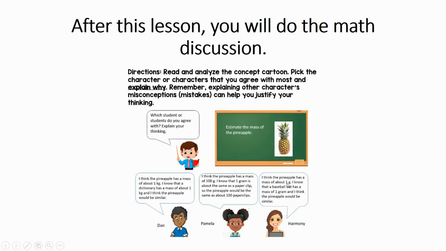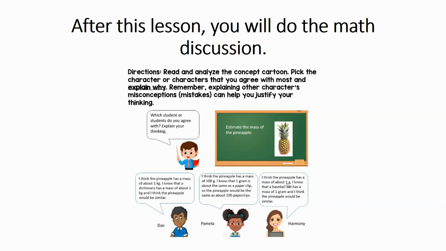All right, so now we're done practicing how to estimate. You know that when you're talking about grams, you're talking about lighter objects. Kilograms is going to be heavier, right? Thinking about what you can compare them to. So after this lesson, you're going to do a math discussion. If you look here, your directions are, you're going to read and analyze the concept cartoon.